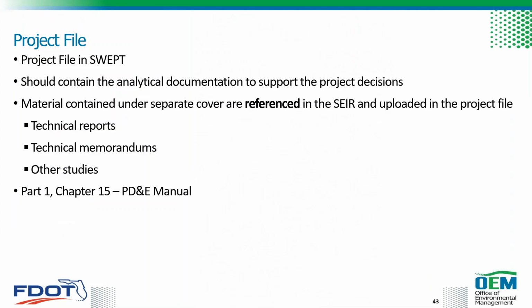So technical reports, technical memorandums, and other large studies are considered technical materials, and they're not really attached to the SEER. Instead, they are referenced and they're uploaded to this project file. Part 1, Chapter 15 of the PD&E manual discusses this in more detail, and Pete is going to be covering this here pretty soon.